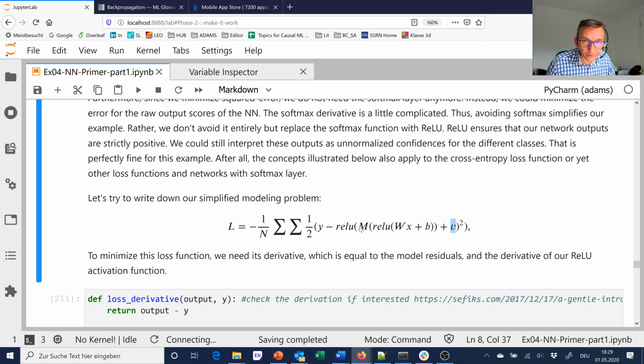To produce the raw output score of our neural network before applying the final ReLU function, we multiply the hidden layer output with M and add a bias.